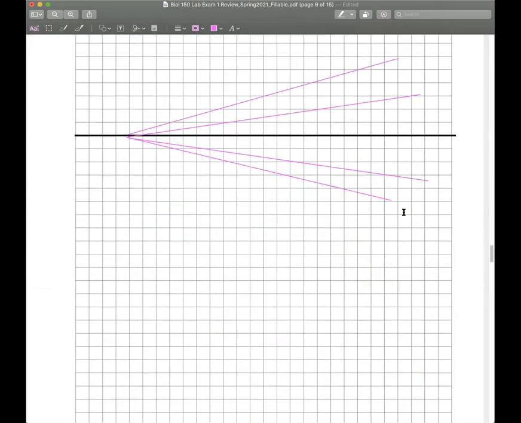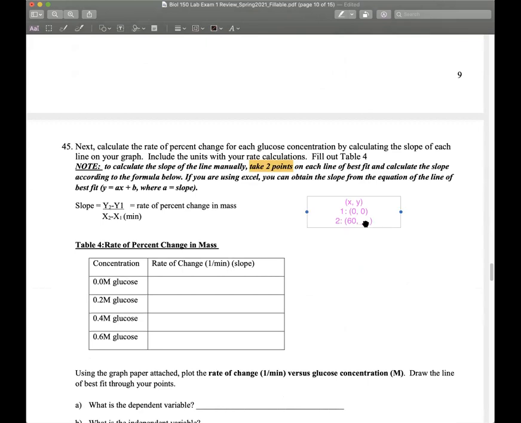So that would be the other part of this value. Remember, x is our time, y is percent change. So at 0 time, we have 0% change. At 60 minutes, we have 9.43% change.